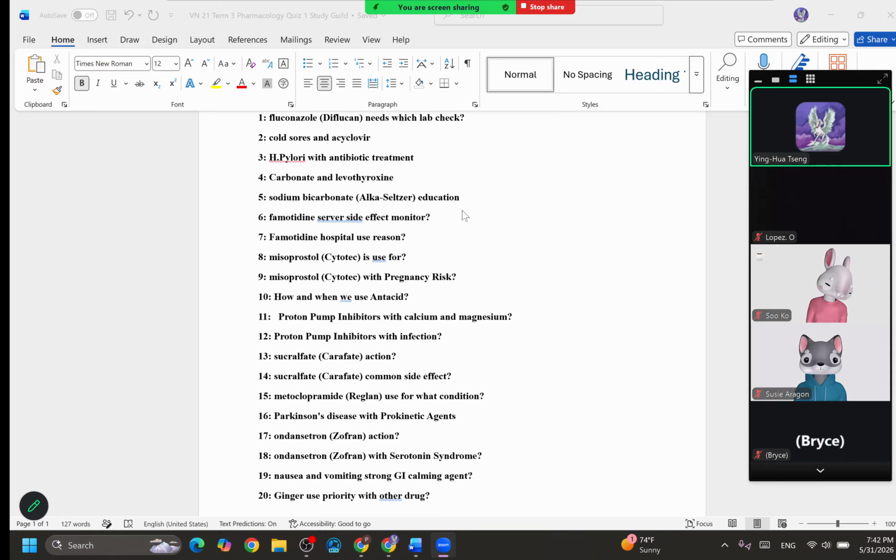Okay, so the education. What happens when we take this medication? Increased blood pressure, could be, yes, because it's sodium, right? It could also cause sodium and water overload. What else is a side effect?